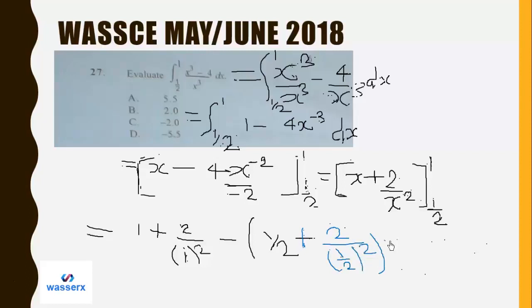So we simplify this, you are going to get 3 here, minus 2 plus 2 over 4, which is the same as 1 over 2 plus 8. So it is 3 minus 8.5, and this will give us negative 5.5. So the correct answer is option D.